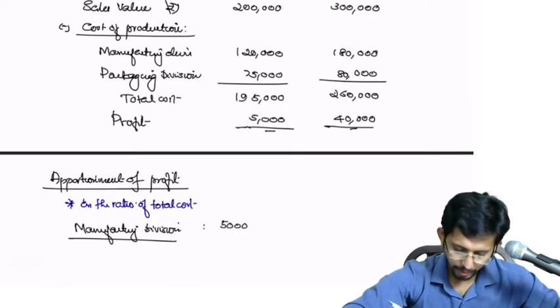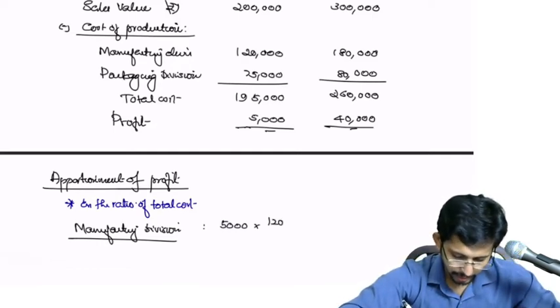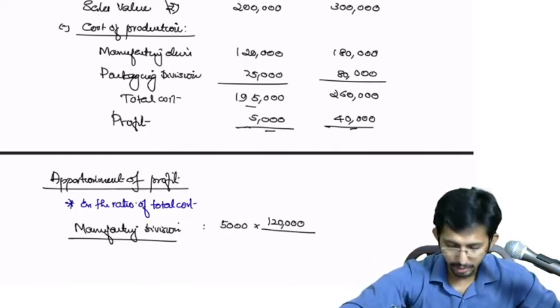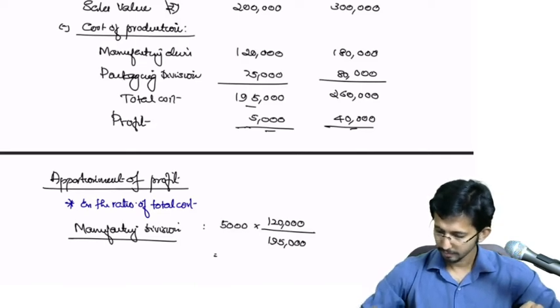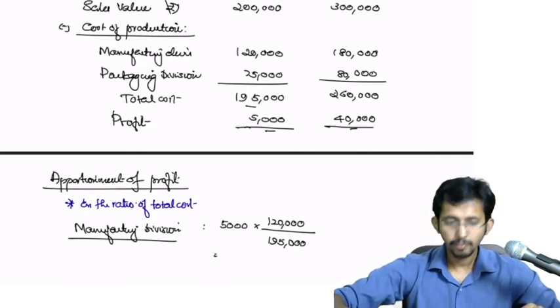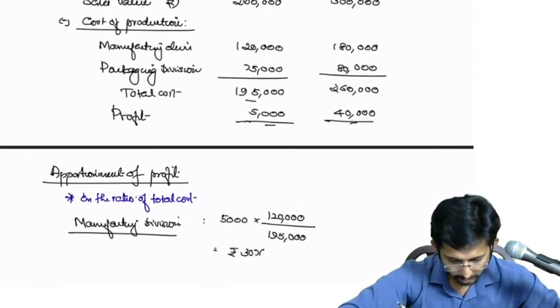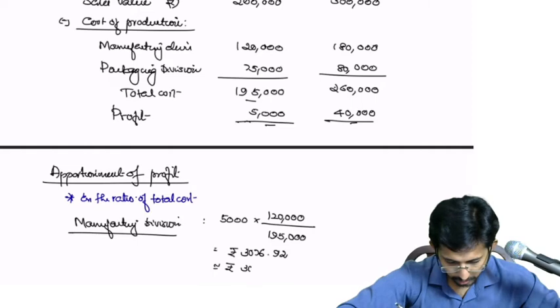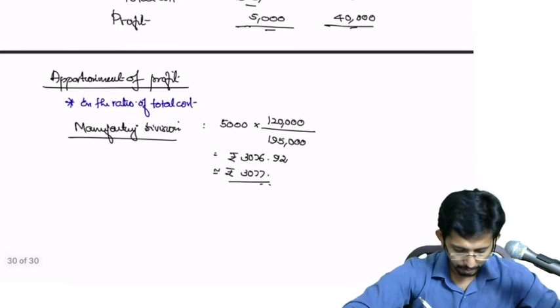Total is 5,000 rupees into the cost incurred by the manufacturing division, 1,20,000, out of the total cost of 1,95,000. This will give you 3076.92, which can be rounded off to 3,077.